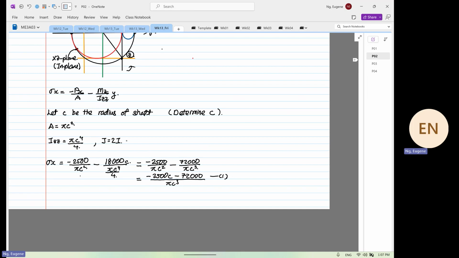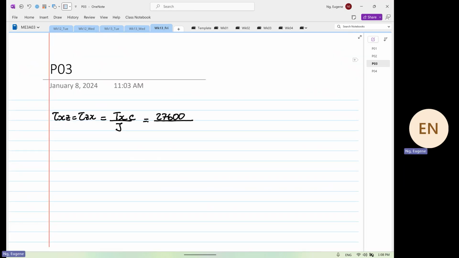So J is equal to pi c^4 over 2. And then we multiply by C again. Okay. So at the end of the day, we get 55 over pi c cubed. So that's our equation number 1. This is our equation number 2.